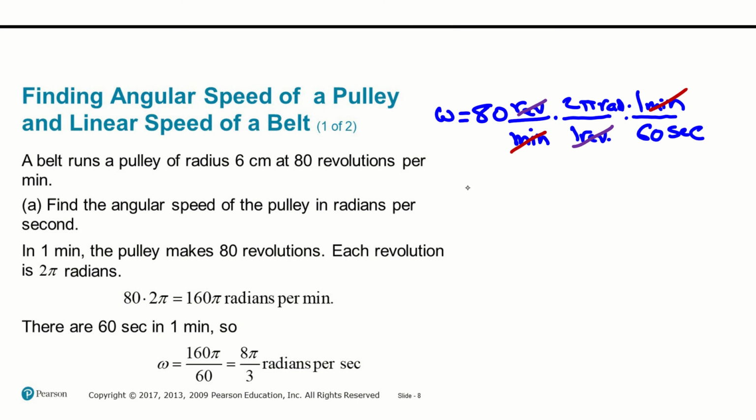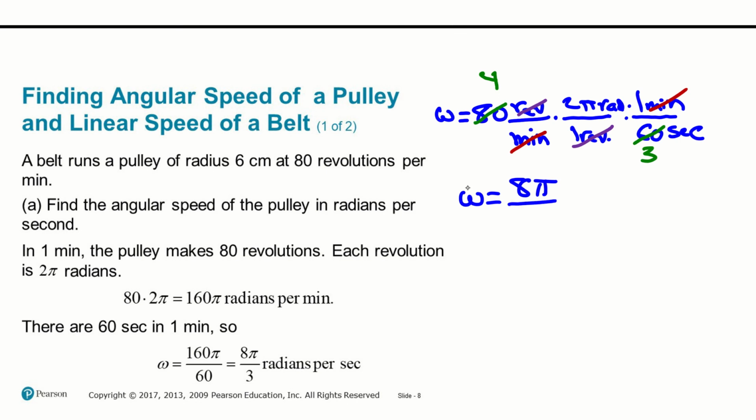We know that 20 goes into 80 4 times, and we know that it goes into 60 3 times. So that should be all the cancellation that's possible. So we get omega equals 4 times 2 pi, which is 8 pi.